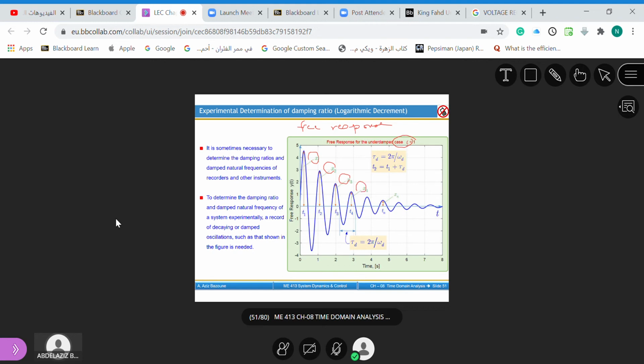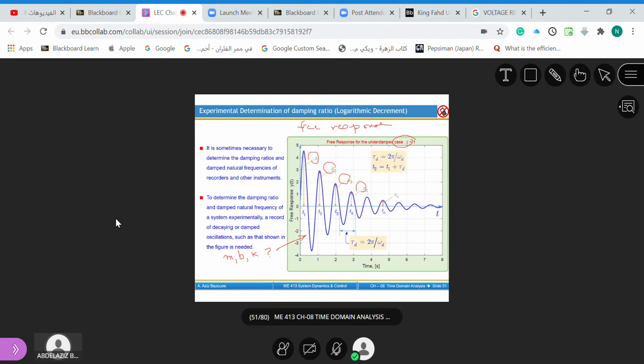So we try to find a relationship between these amplitudes to find the mass, for example, of the system, to find the damping or the dashpot element, and to find the stiffness just from this signature. If we can find this relationship, we'll be able to find the mass, the damping, and the stiffness of the system.